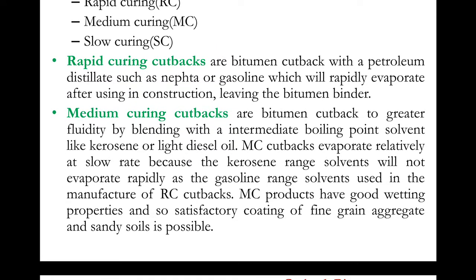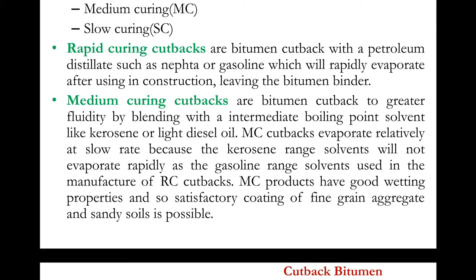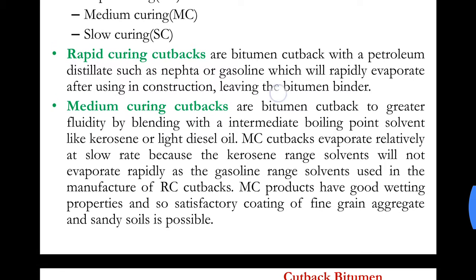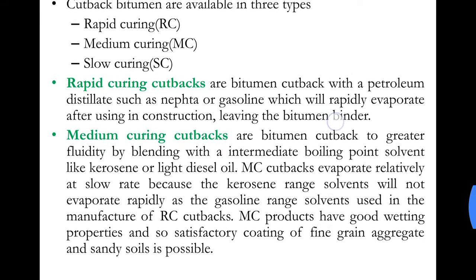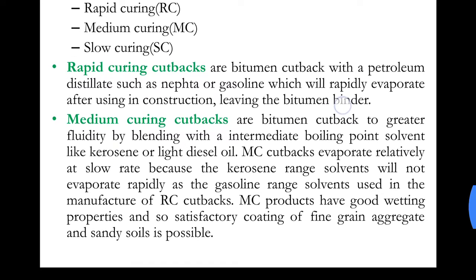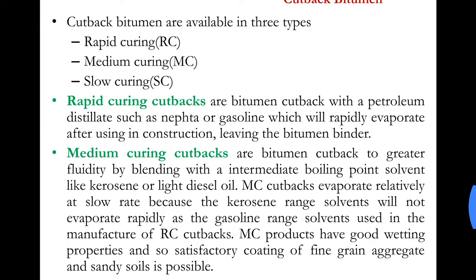Rapid curing cutbacks are the bitumen cutback with a petroleum distillate such as naphtha or gasoline, which will rapidly evaporate after using in construction, leaving the bitumen binder. So for construction areas where we require rapid hardening of the bitumen, we use rapid curing cutbacks.